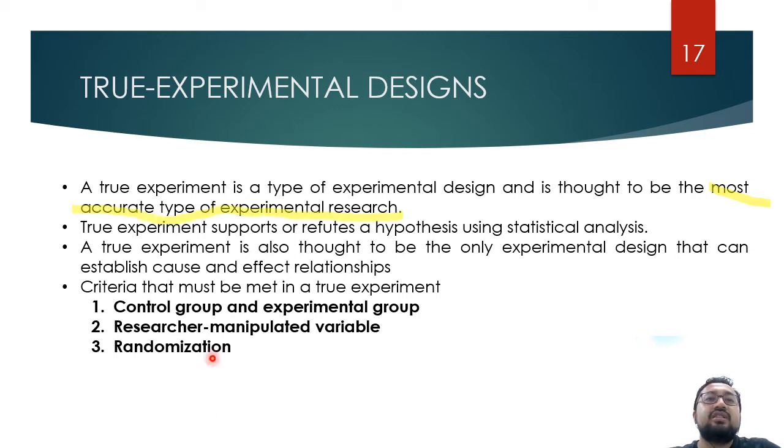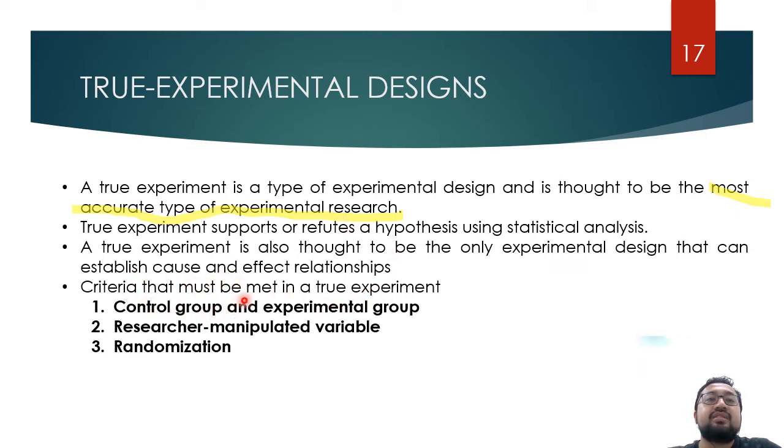True experiment supports or refutes a hypothesis using statistical analysis. Okay, dia menggunakan statistical analysis. A true experiment is also thought to be the only experimental design that can establish cause and effect relationship.